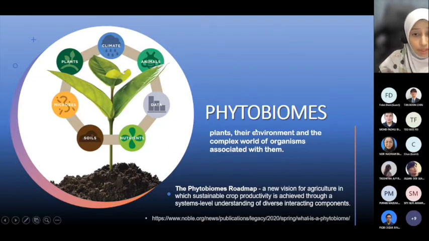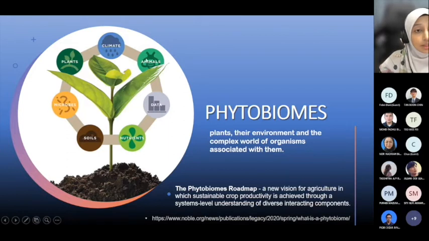So what is phytobiomes? It is plants, their environment, and the complex world of organisms associated with them. So everything that is communicating with plants is part of their life cycle, I would say.